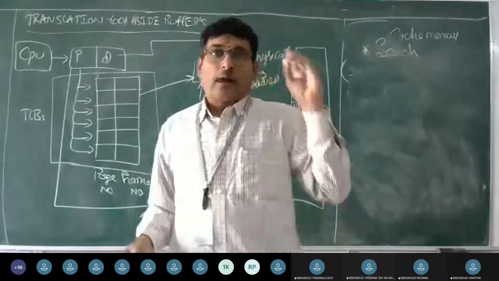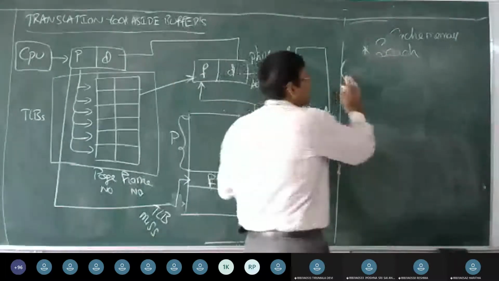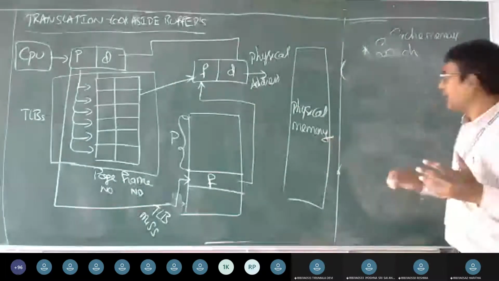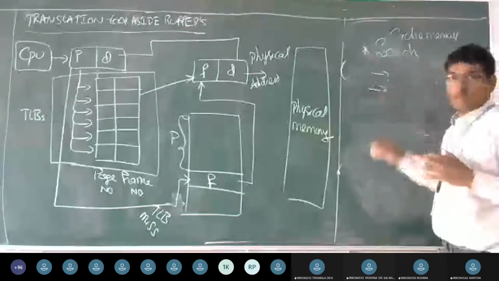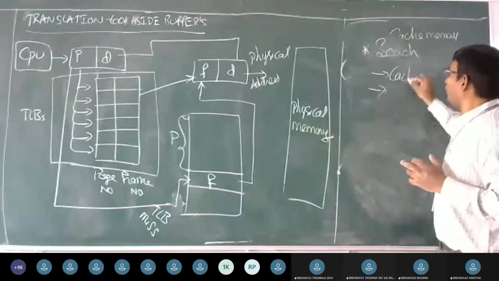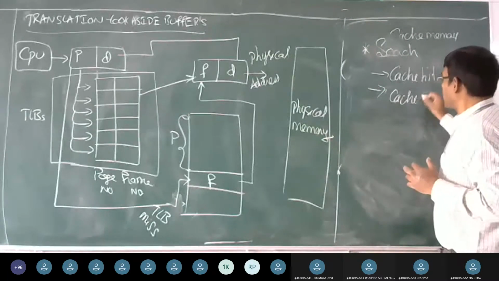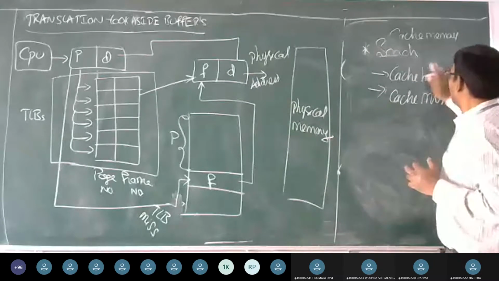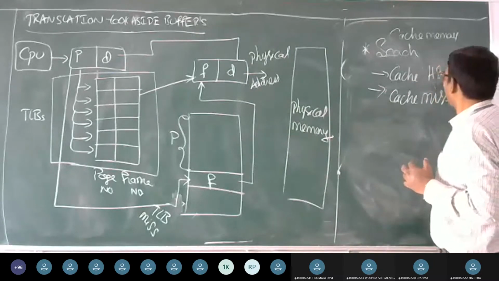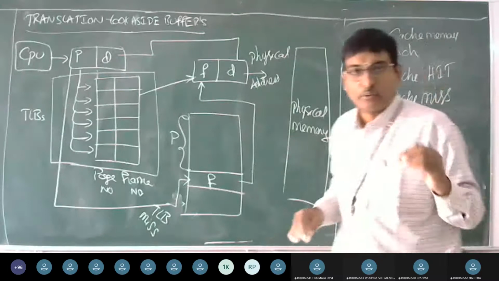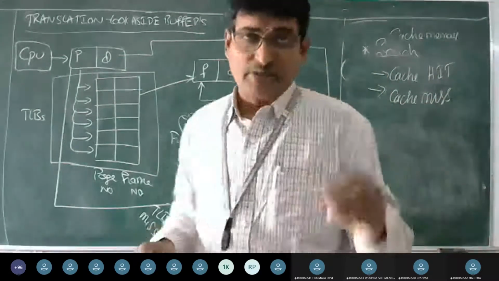Now, when the cache is illustrated, we have two terms. One we call a cache hit, another we call a cache miss.